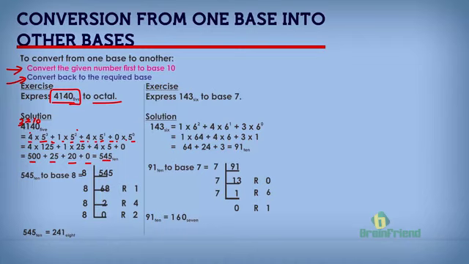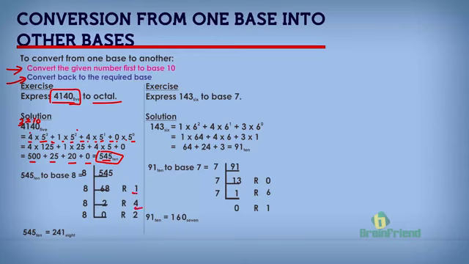Now 545 base 10 is further converted to base 8. To convert 545 base 10 to base 8, like we learned earlier, we simply divide 545 by 8 continuously until we get to 0, and then we put down the remainders counting from bottom up. 545 divided by 8 gives us 68, remainder 1. 68 divided by 8 gives us 8, remainder 4.